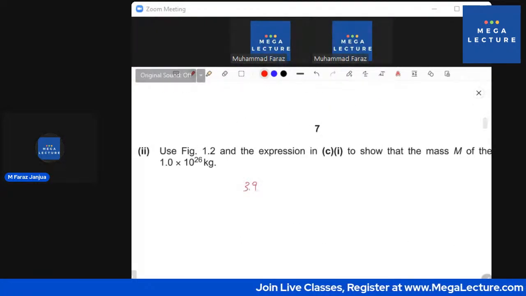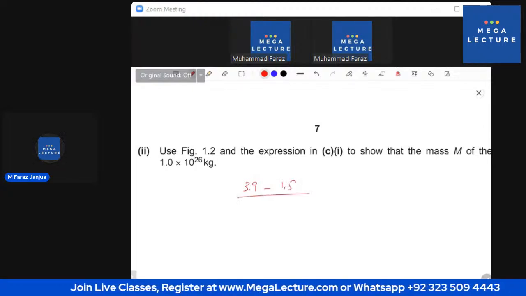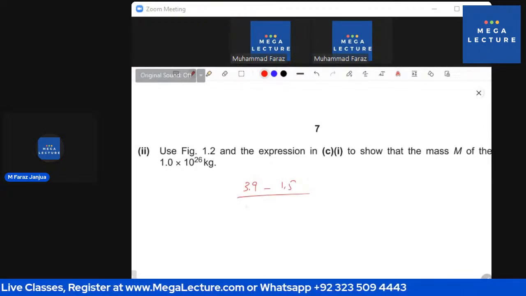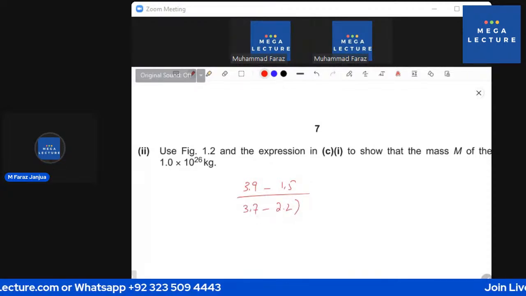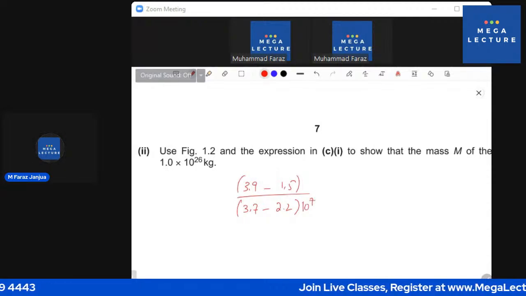3.9 minus 1.5 divided by 5.7 minus 2.2. The denominator will come with 10 to the power 7 and the numerator will come with 10 to the power 23.